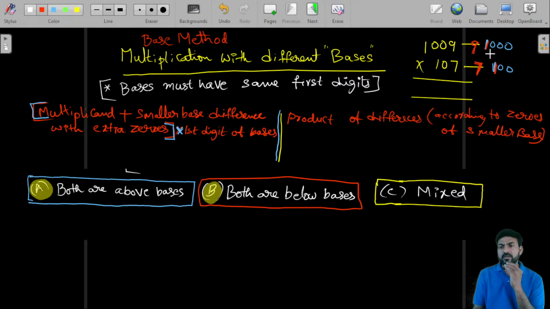So 1009 is 9 more than its base, and 107 is 7 more than 100, which is its base. Generally we call the upper number the multiplicand, and this is the multiplier. So multiplicand plus smaller base difference. What is the smaller base? 100 here. Difference is 7.